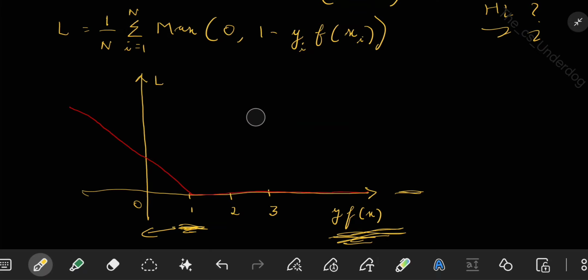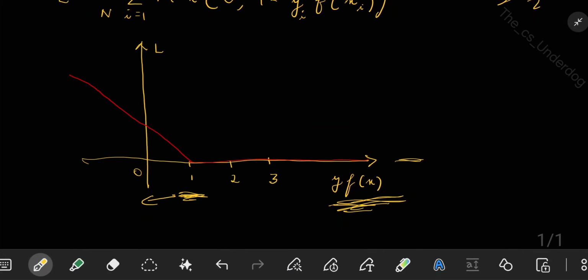So if you see this graph, at this point it forms a hinge. This is why it is called hinge loss. At the point y into f of x equal to 1, it forms a hinge. At that point exactly, it looks like a hinge.